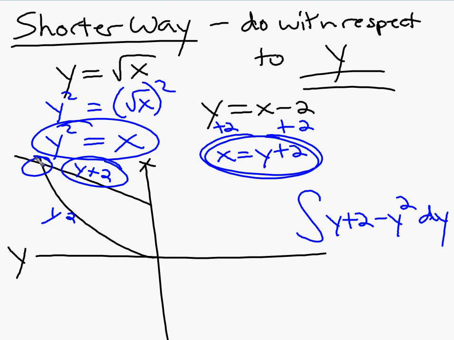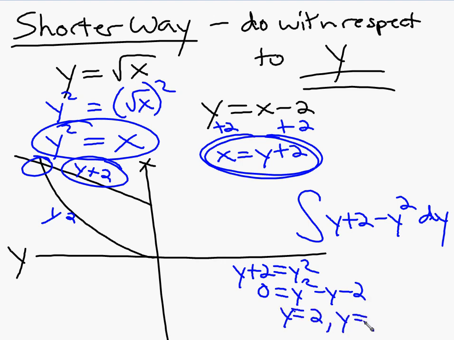Set y plus 2 equal to y squared. Now when you solve that, you're going to get a quadratic. I'm just going to skip some steps here. This is going to be y squared minus y minus 2. And when you factor it and solve it, you get that y equals 2 and y equals negative 1.